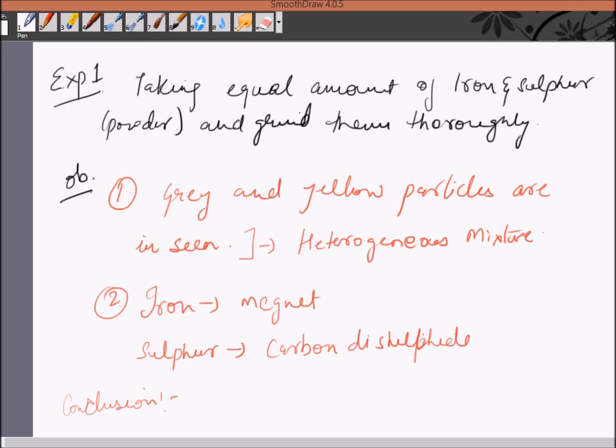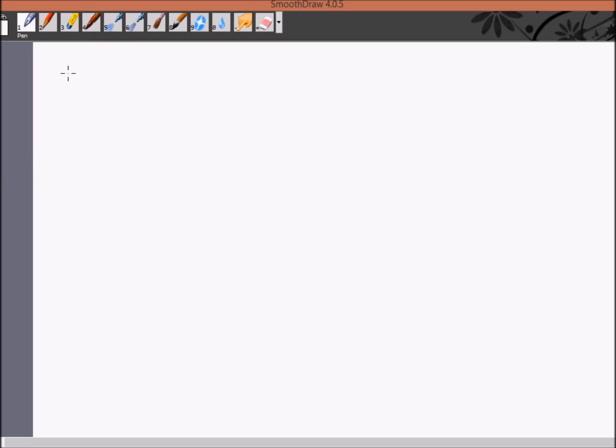Now let me give you the details of the second experiment, where we have to see the effect of heat on the mixture of iron and sulfur. That is experiment 2, effect of heat on the mixture.